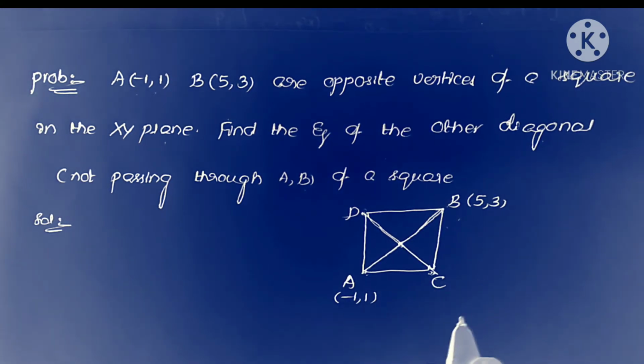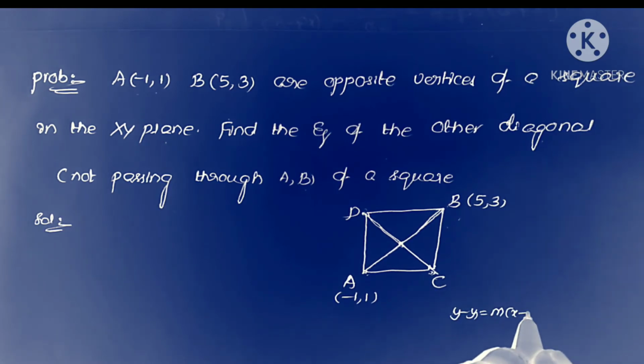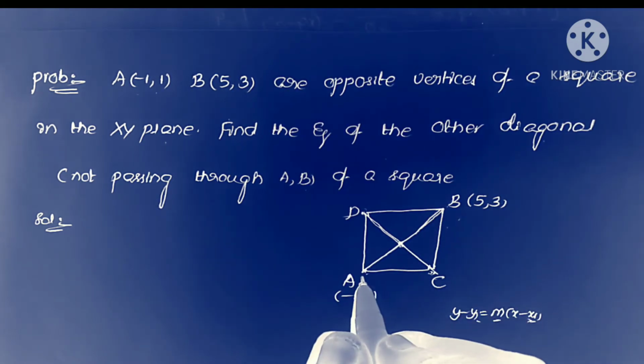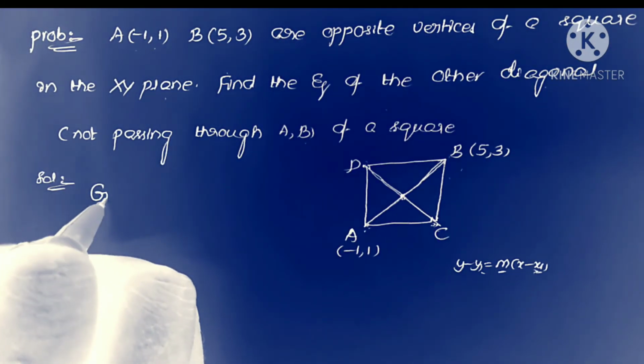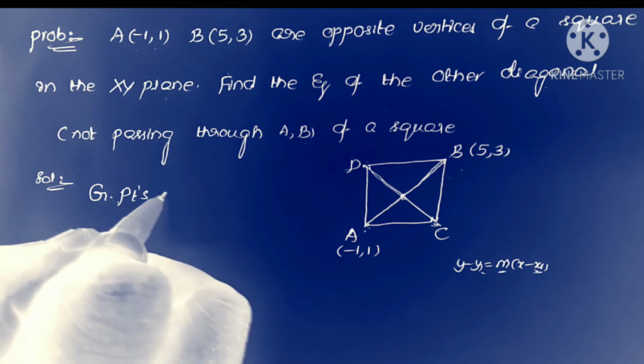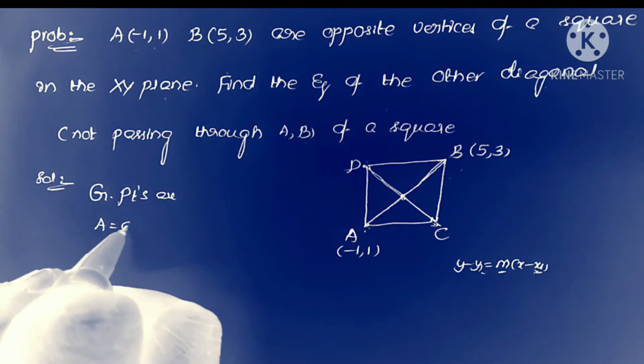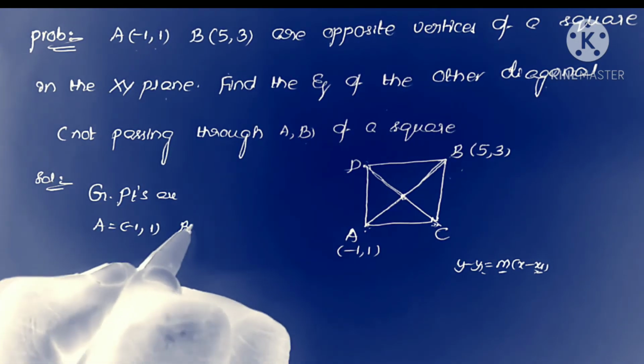Now the equation of a line formula is y minus y1 equals m into (x minus x1). Here (x1, y1) is the midpoint of AB, and the slope is the perpendicular slope of AB. That is the procedure. Given points are A(-1, 1) and B(5, 3).